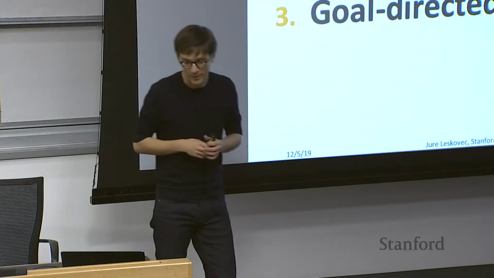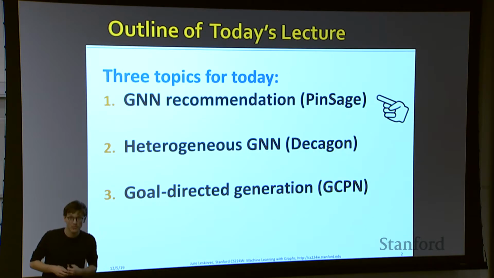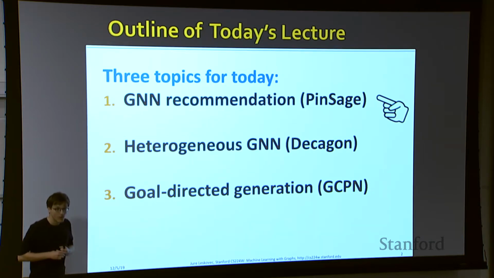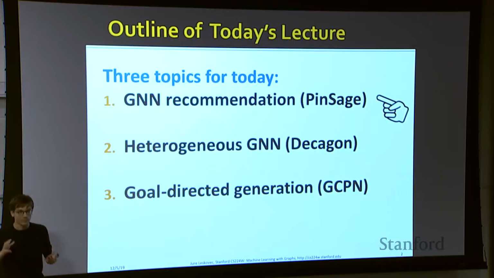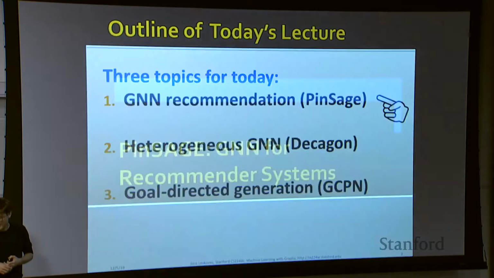What I will try to cover today is first how you can use graph neural networks to build large-scale recommender systems. How can you apply graph neural networks to heterogeneous networks to predict side effects of different drugs that people take simultaneously, and then we'll also look at molecule generation. So essentially, that's the idea for today.